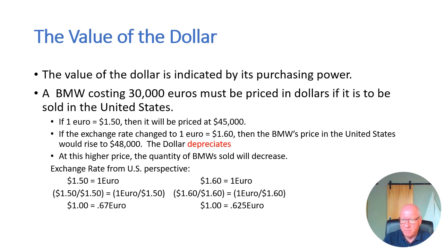They load it on a ship, bring it to the United States. They convert the price into US dollars. Only now it's $1.60 per euro, so 1.6 times 30,000 euros, the new price is 48,000 US dollars. You notice, as far as the Europeans are concerned, the price is exactly the same. It's still a 30,000 euro car.